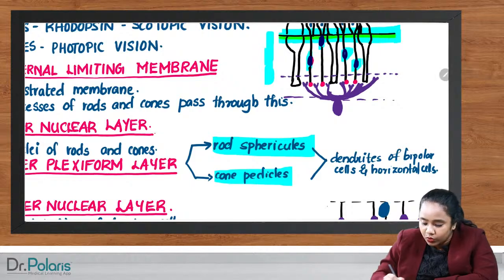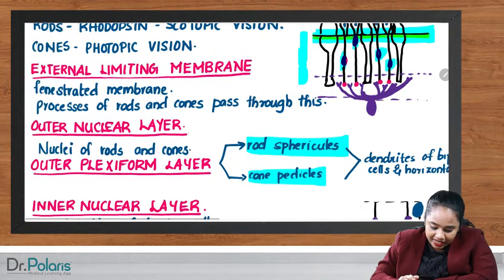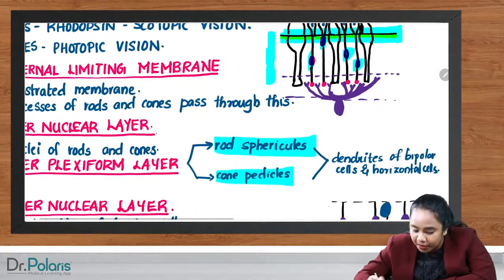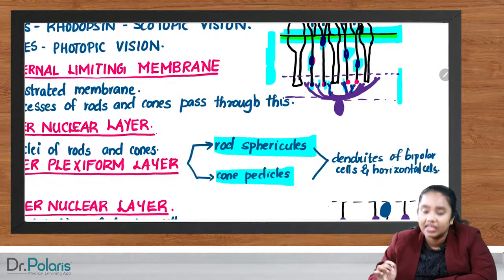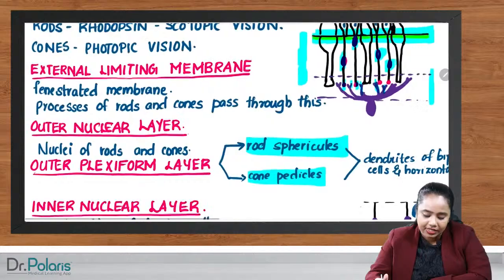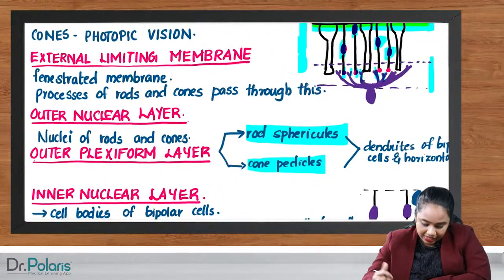These are joined to the dendrites of the bipolar cells and horizontal cells in the plexiform layer. You can see in this layer the spherules and pedicles joining the dendrites of the bipolar cells and the horizontal cells. That is what the outer plexiform layer is about.